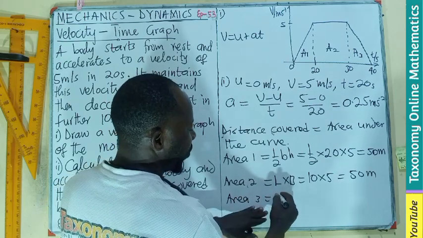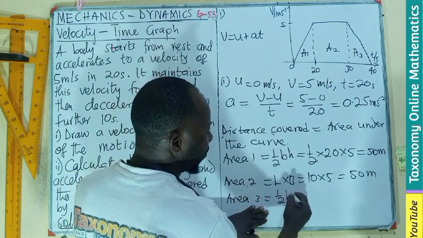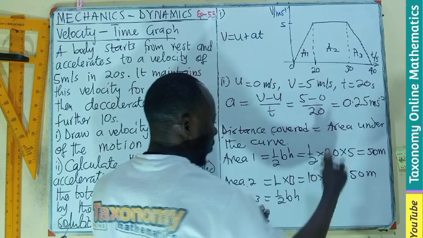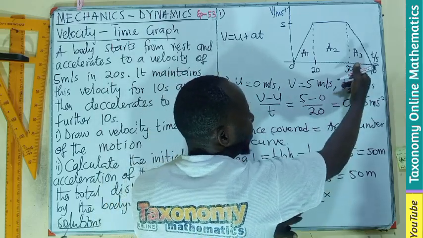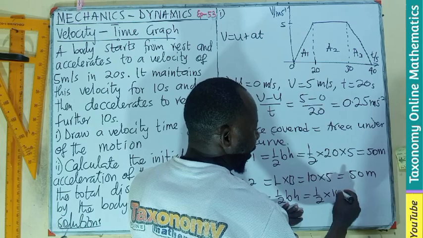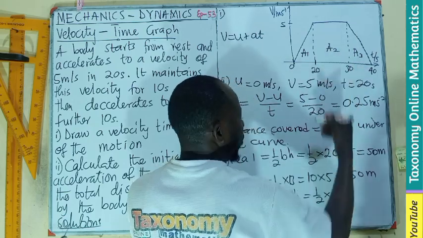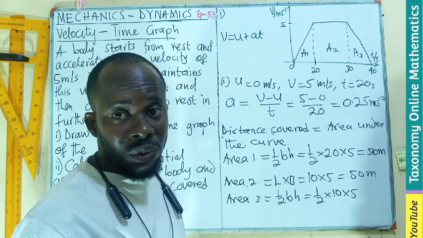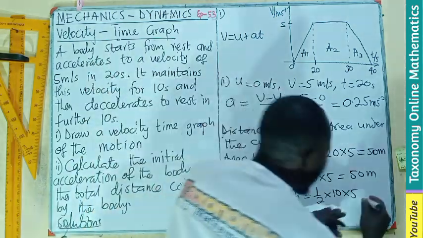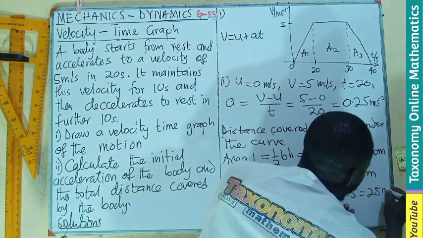Let's go for area 3, which is still a triangle, half base times height. That gives you 1/2 times the base, which is still 10, the height, which is still what? 5. So half of 10 will give you 5. 5 times 5 will be 25 meters.